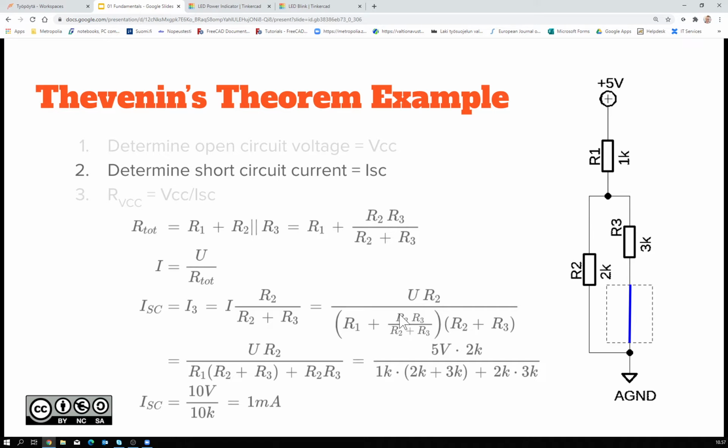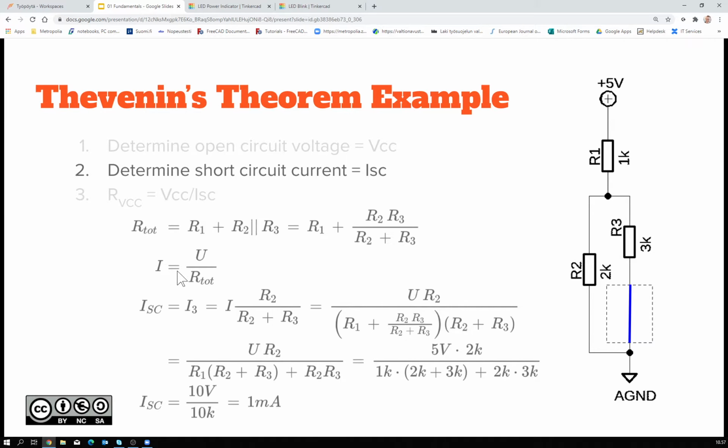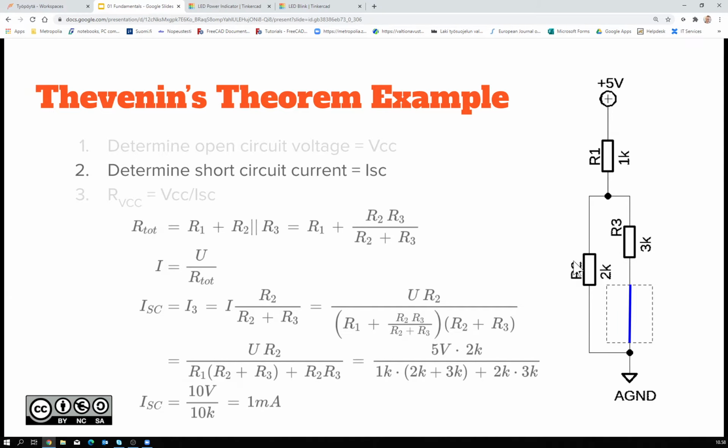That gives you the total current, which is the voltage 5 volts divided by R total. Everything known, good. For the short circuit current part, you can use the current divider formula: the total current times that resistor divided by the sum of the resistors.